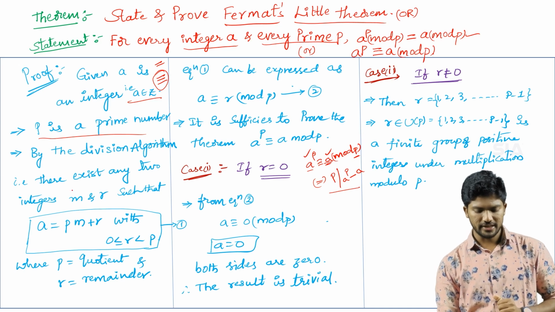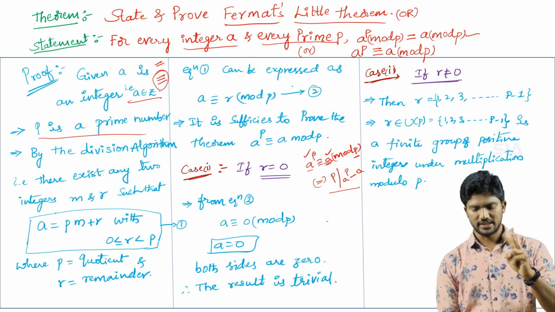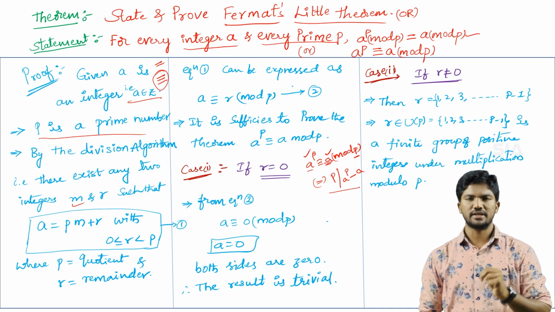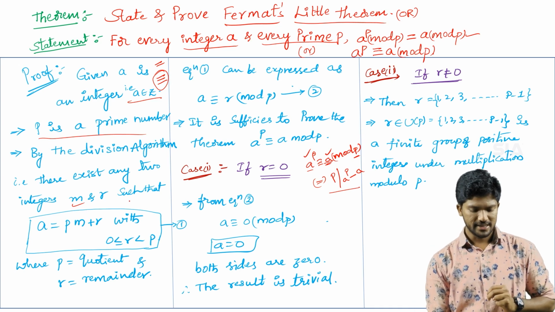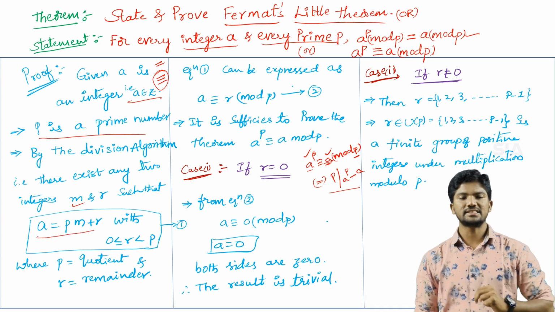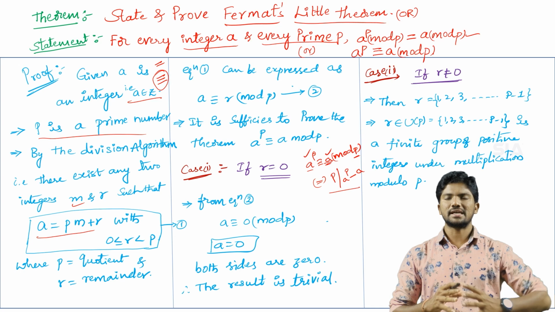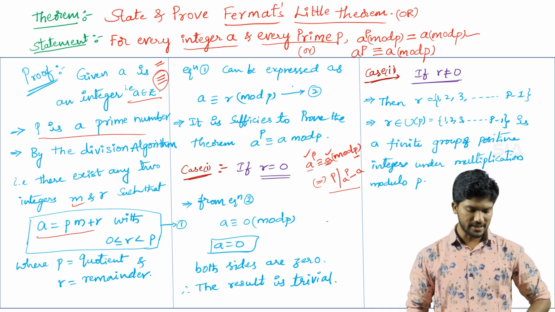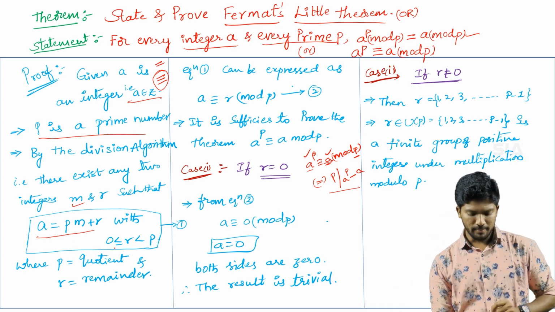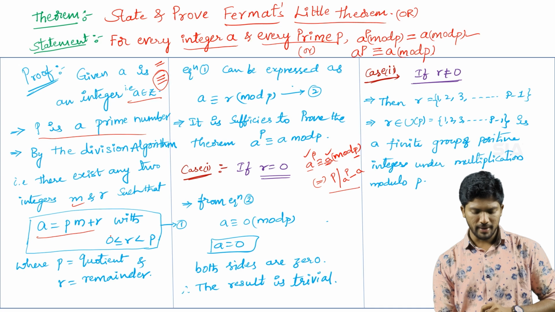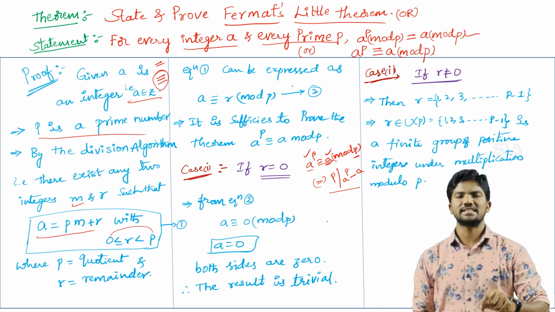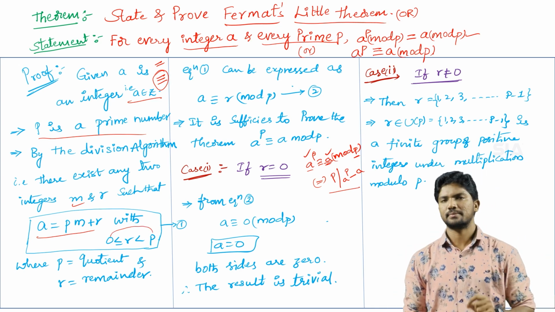By the division algorithm there exist two integers, m and r, such that a is equal to p into m plus r, where r is the remainder. The remainder always lies between 0 less than or equal to r less than p.